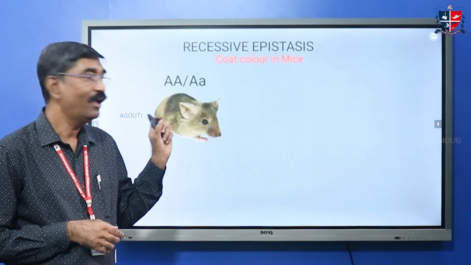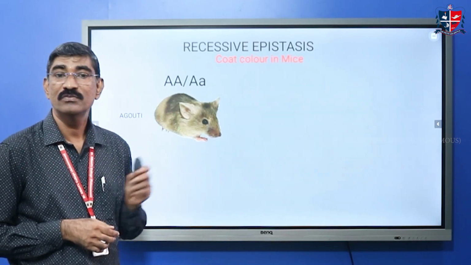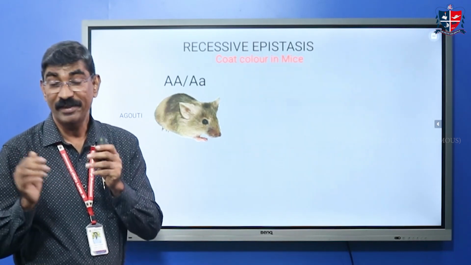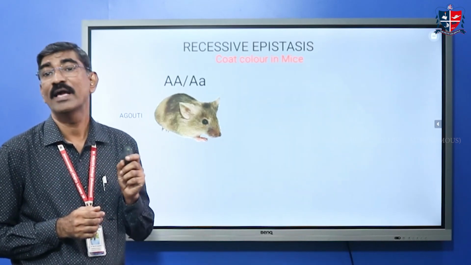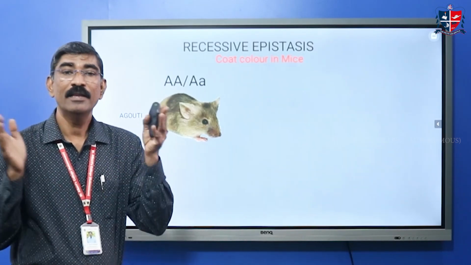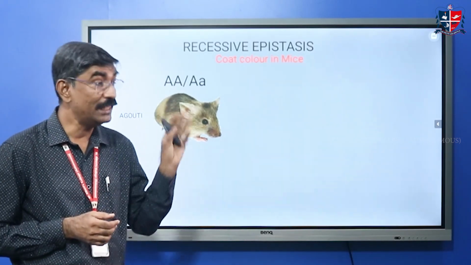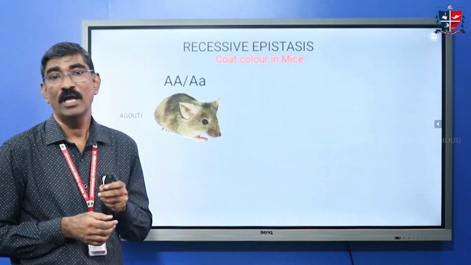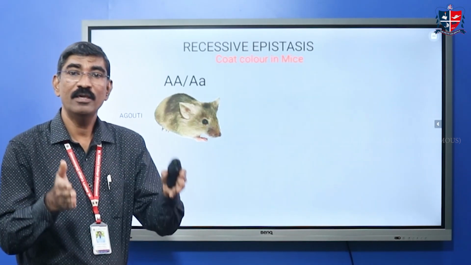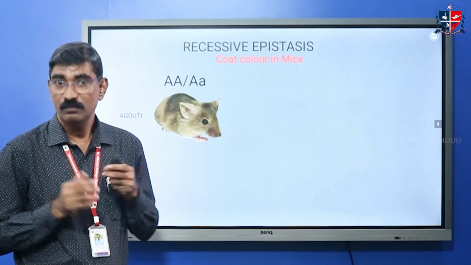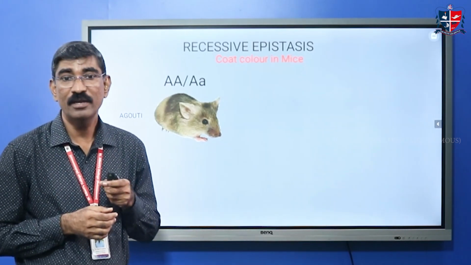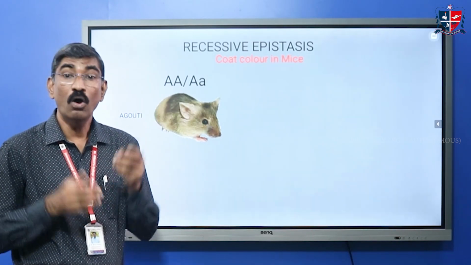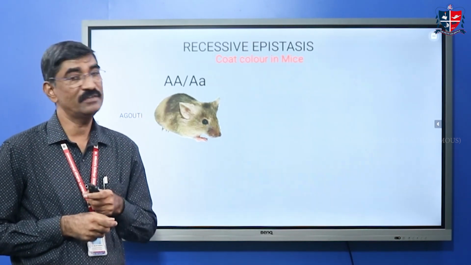You might have seen mice having this color, a grayish color which is known as agouti, and the dominant gene A is responsible for such a phenotype. Dominant means both alleles can be in dominant condition, or it can be in heterozygous condition.